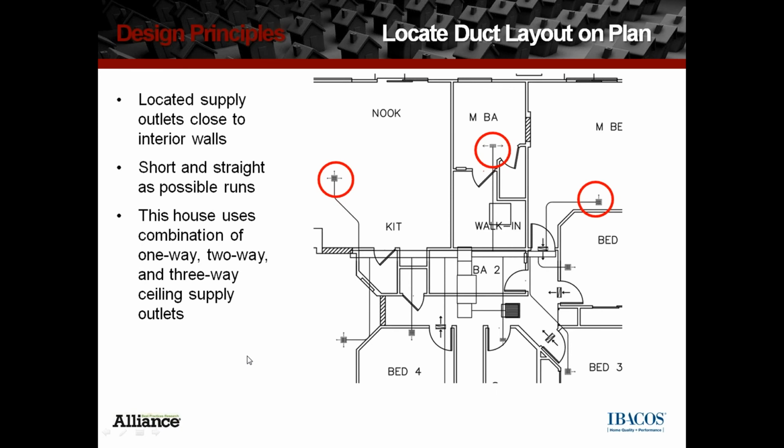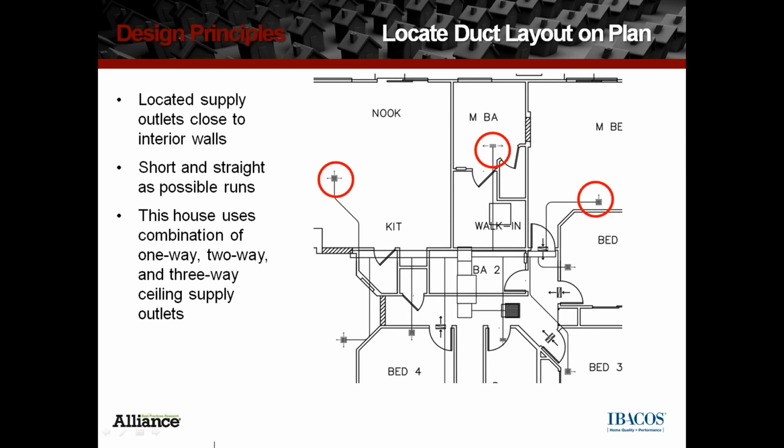This portion is where it can go. We're trying to locate our supply outlets as close to the interior of the room as we can. The reason for doing that is to keep our ductwork short: less losses in short ductwork, less heat or cooling losses in short ductwork as well, less surface area to lose capacity through.